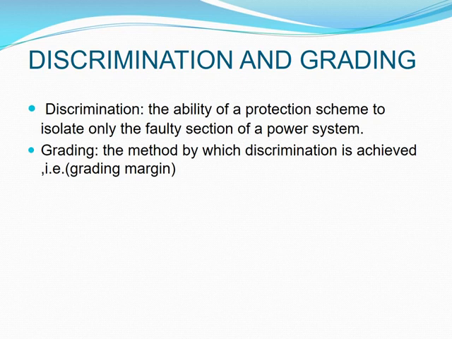Then when we talk about grading, we really talk about the method by which discrimination is actually achieved. So it's how do we ensure that we are only taking out the faulty section of our power system. So that's what grading is about. And we've got different methods of grading, which is what the next slides are going to be about.